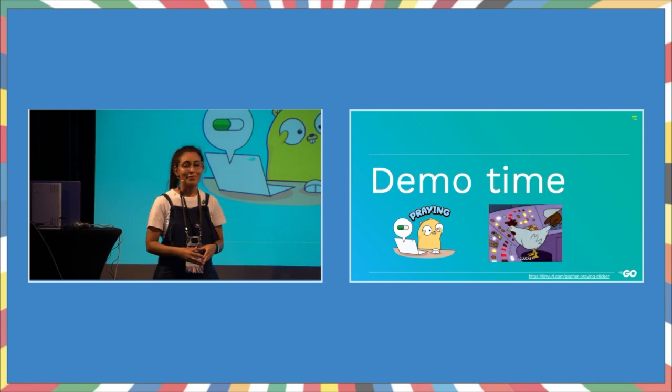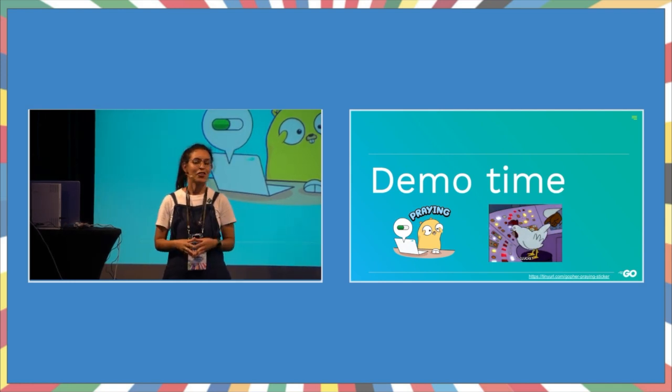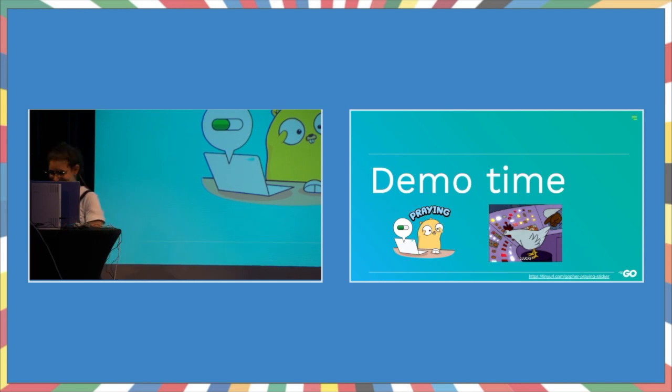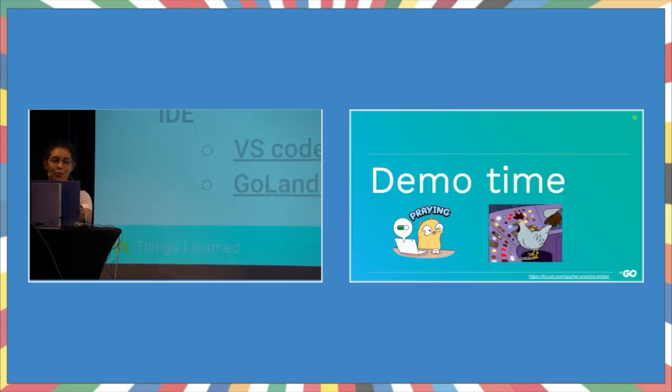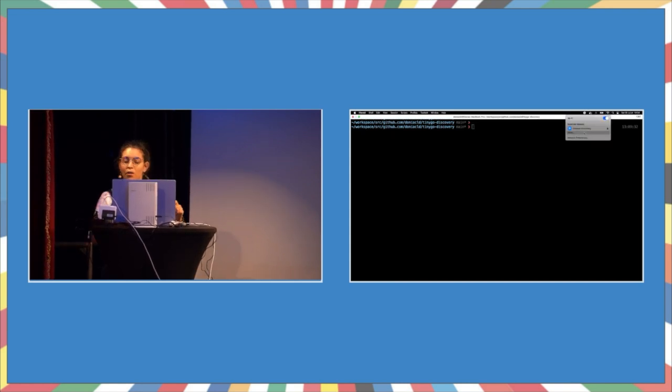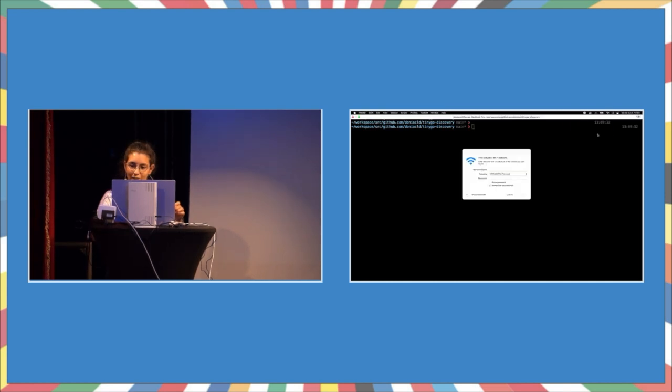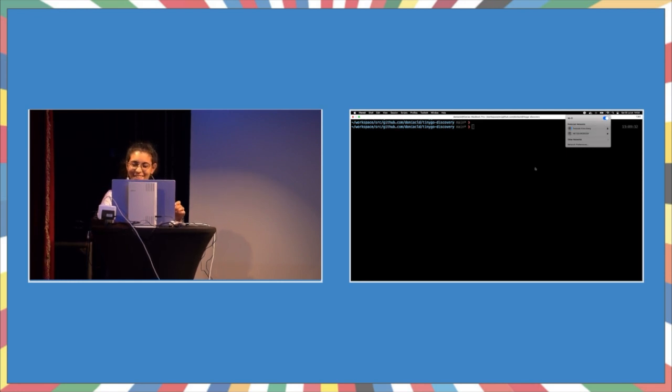This is demo time. I hope you're all praying for me, the demo gods right now. OK, so here, I'm going to first check that everything is plugged in. I'm going to check that my Wi-Fi is connected to the right Wi-Fi. OK, so this is my router.